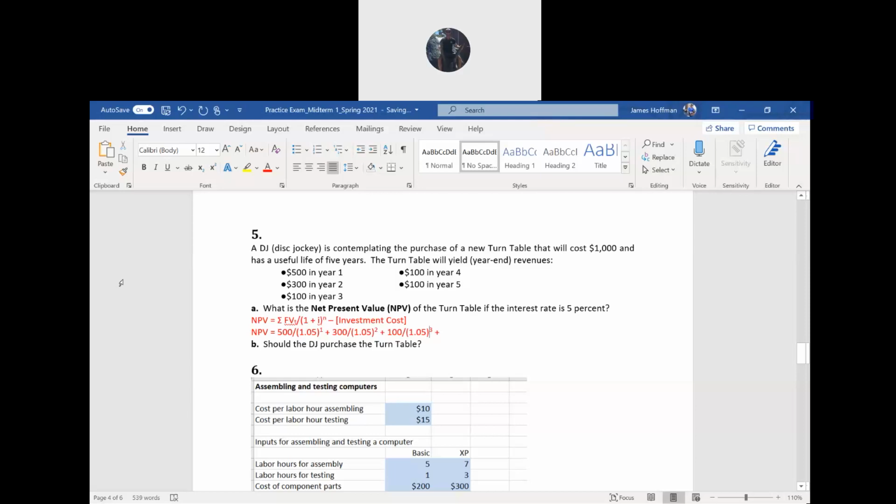So in year three, you get $100. Divide that by 1.05 raised to 3 for year three, and then for year four, 100 divided by 1.05 to the 4, and then one more finally in year five.